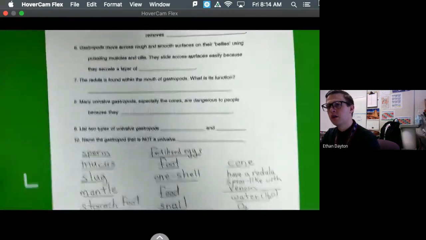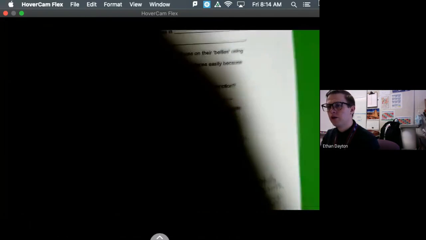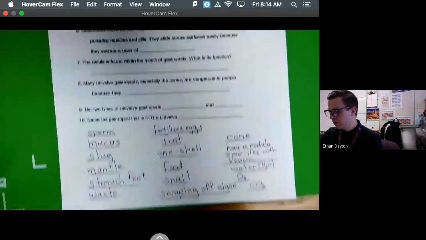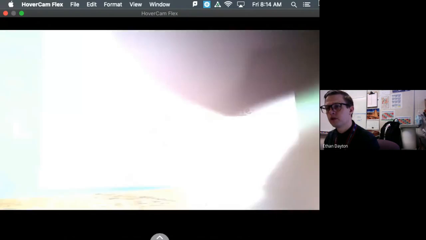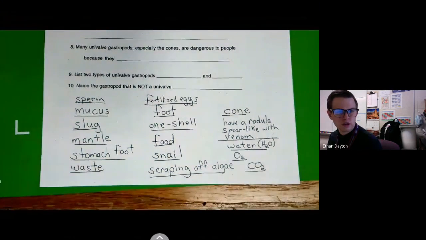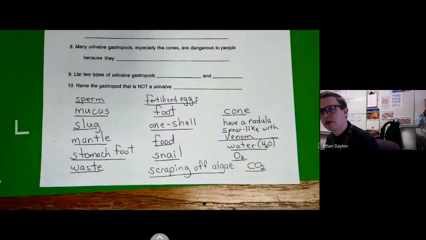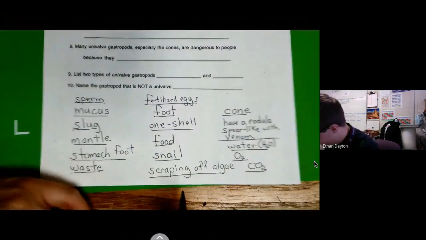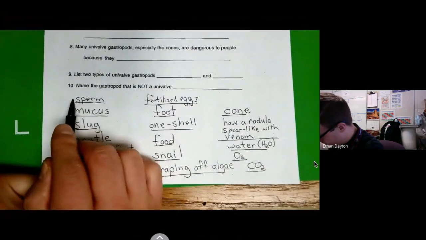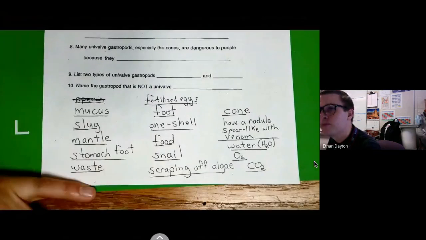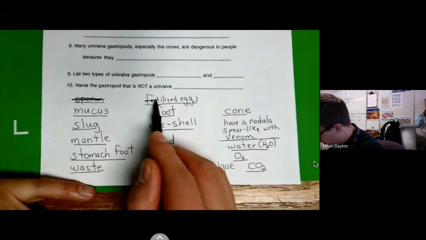Okay, and here we go. I'm going to actually tell you the ones to cross out and not use. Understood? Throwing you a little bit of a bone here. So here are words that you will not use. You will not use sperm. You will not use fertilized eggs.